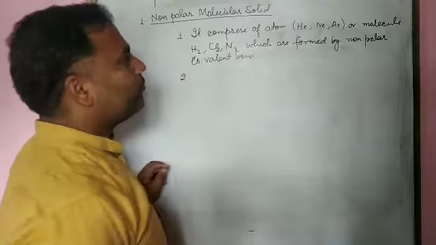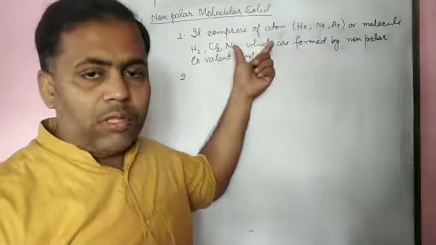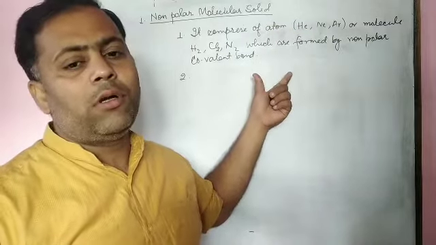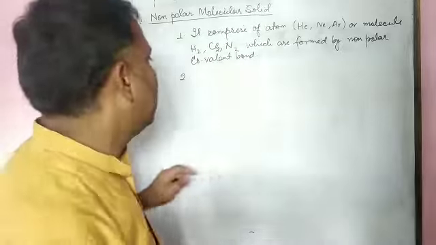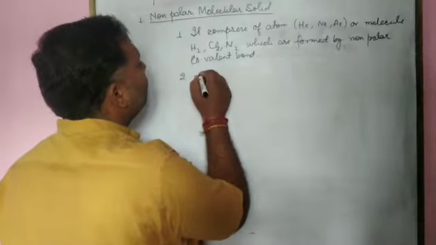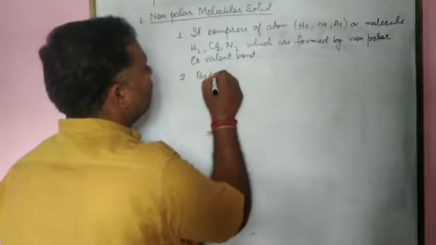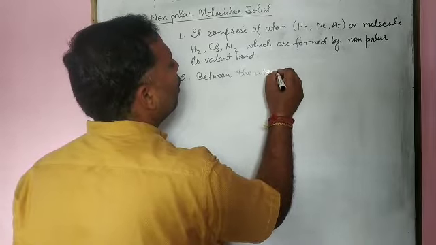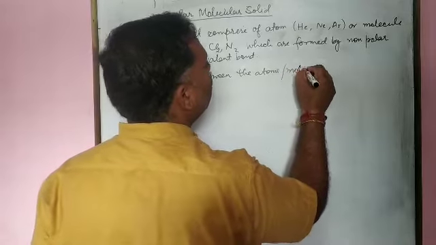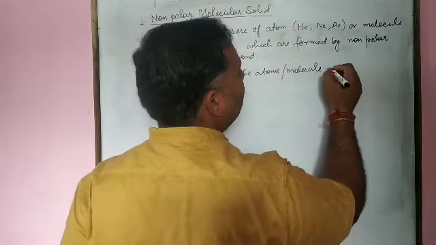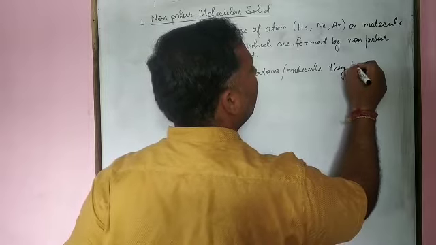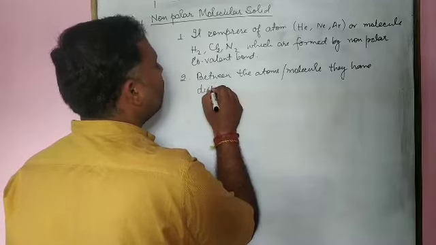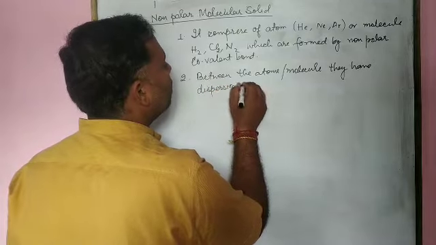So the next one, between these molecules or between these atoms, they have the weakest forces, or dispersion forces. It means between the atoms or molecules they have dispersion forces.